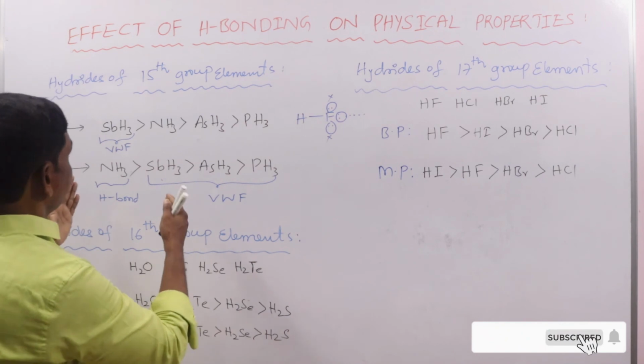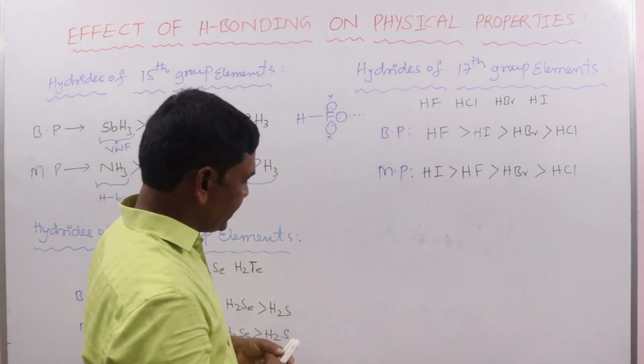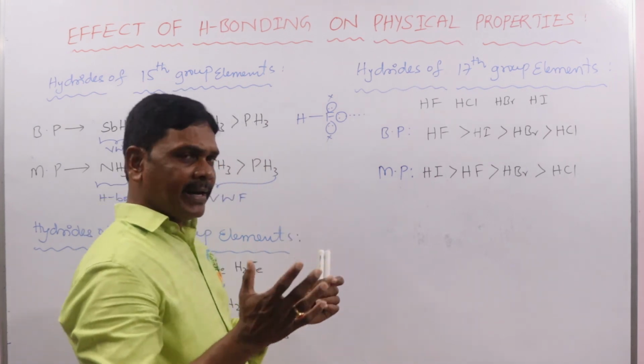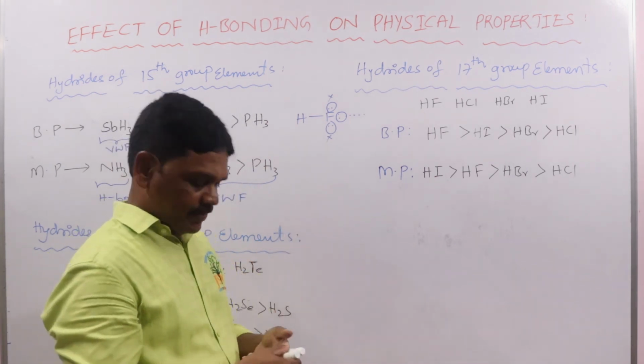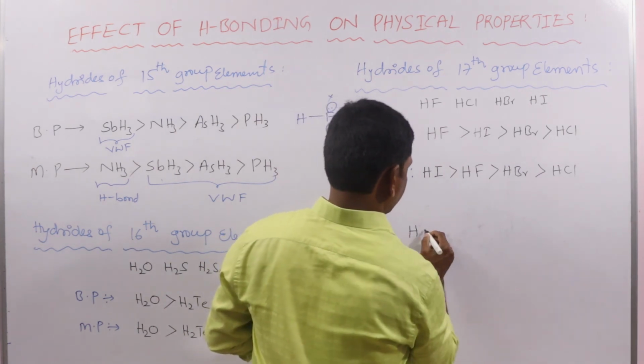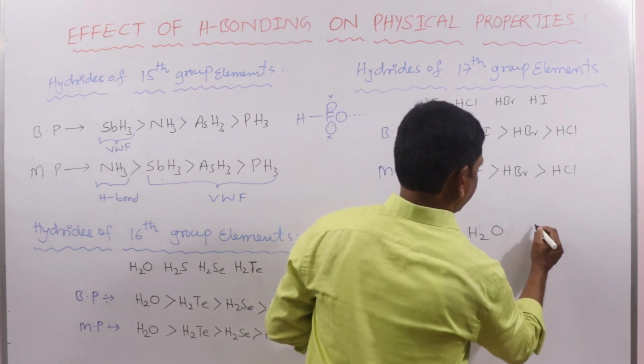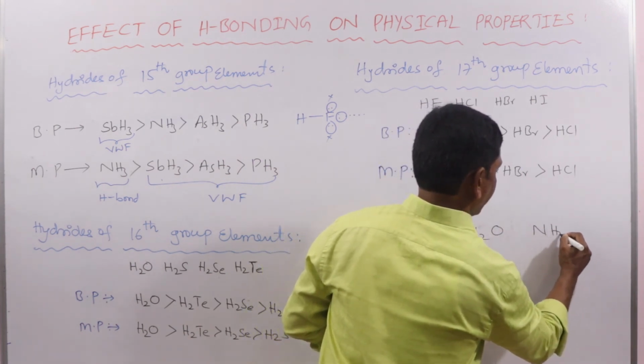So now these are the 15th group, 16th group and 17th group. Now here it is a comparison between different compounds. So first one I am taking hydrogen fluoride, second one is water, and third one is ammonia.